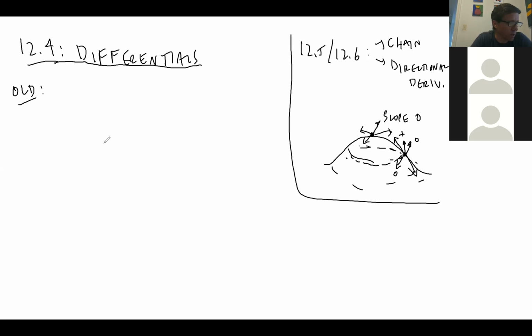In 12.4, we did do this before, so it's always good to look back at what the old approach was. And again, I'll say if you've had class with Colonel Sullivan, who loves this stuff, it's just linearize. It becomes way easier to do these kinds of things. So what that means is if you have a function y equals f of x, and x is changing from one point to another point. Actually, let me not even write h.